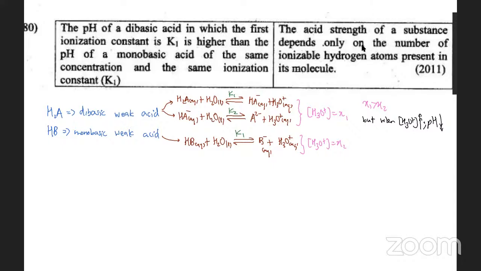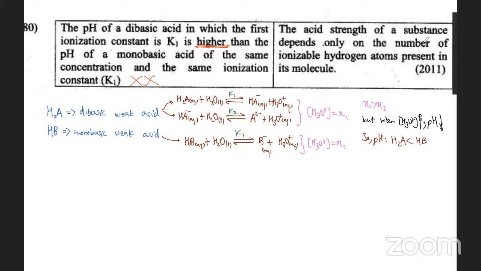So the pH of H2A will be less than HB. More H3O plus concentration means less pH, but this statement says otherwise. Read it carefully: the pH of dibasic acid in which the first ionization constant is K1 is higher. This part is the incorrect part. It should be lower. I have explained everything step by step.